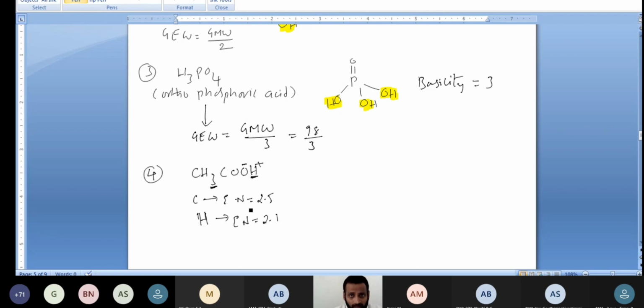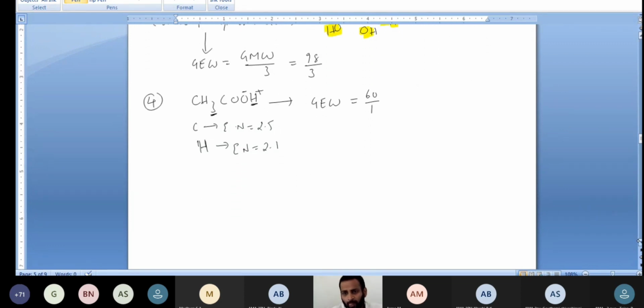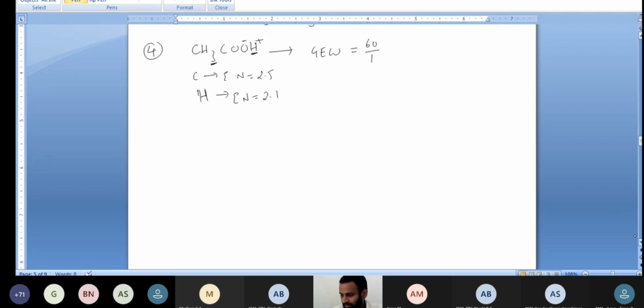The basicity is 1. One hydrogen is directly attached to oxygen and is polar, and the rest of the 3 hydrogens are non-polar. So the gram equivalent weight of acetic acid, CH3COOH, will be 60 by 1. A few are exceptional cases like this, so please make sure of all this.